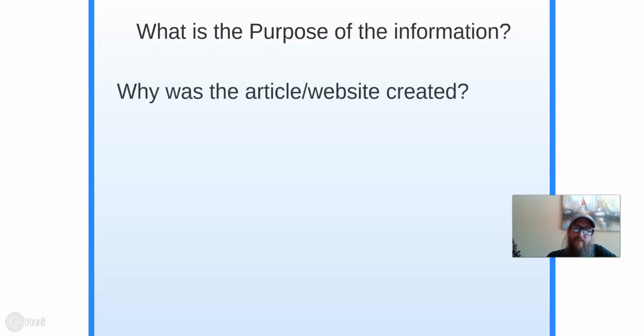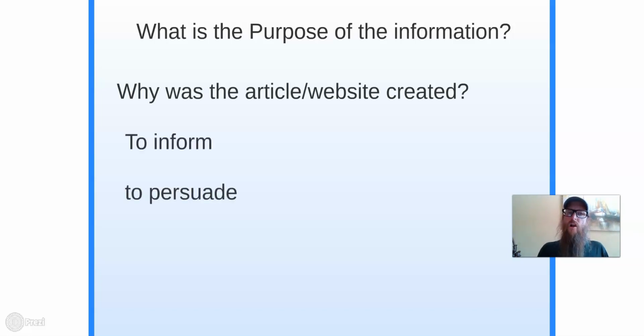The last letter is the P for purpose. You want to think about what is this source trying to do, right? If it is from a legitimate periodical or from the library, most of the sources are designed to either inform you or persuade you, right? There's nothing that is biased always about persuasive writing. You can do persuasive writing without bias.